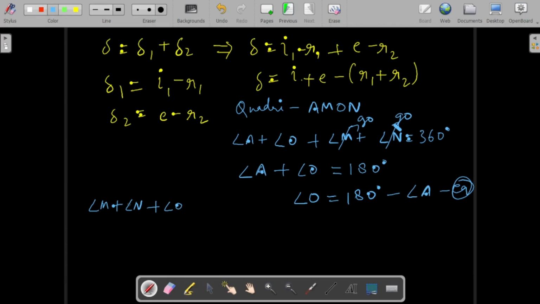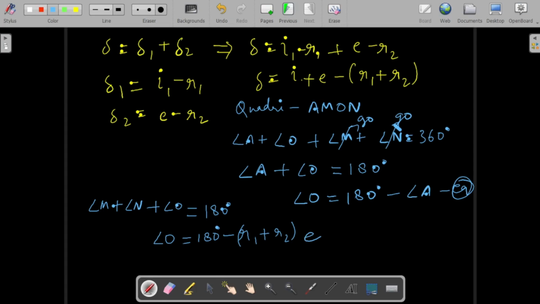I have to mention angle NMO, angle MNO and angle MON, but just for understanding, I'm writing it in short. We can rearrange it: angle O will be 180 degrees minus R1 plus R2. I am skipping one step, just taking the minus common and putting them in the bracket.